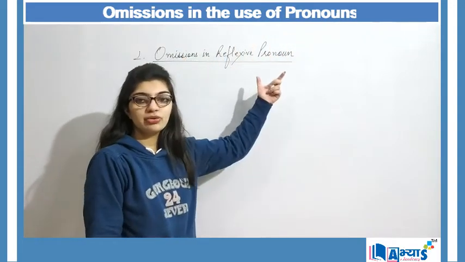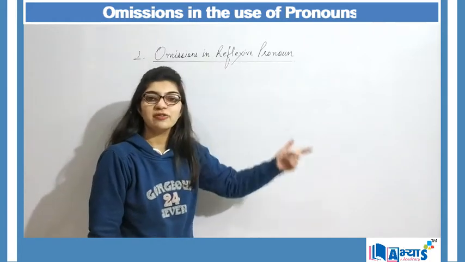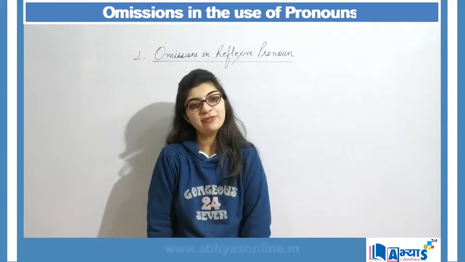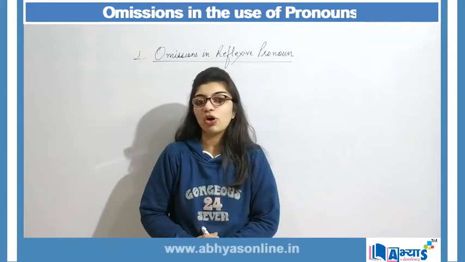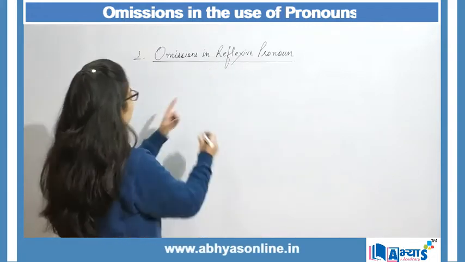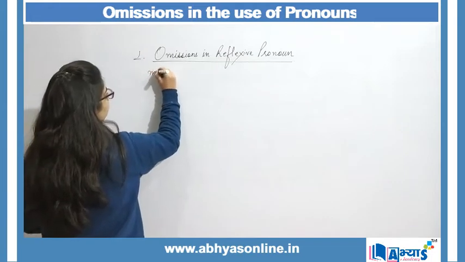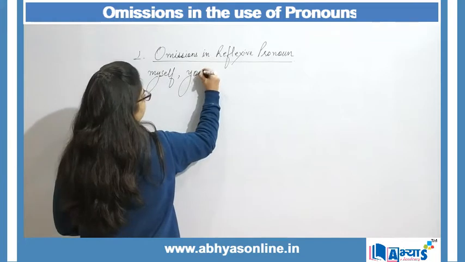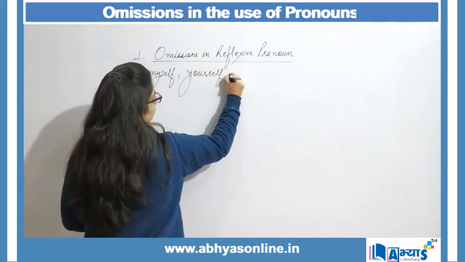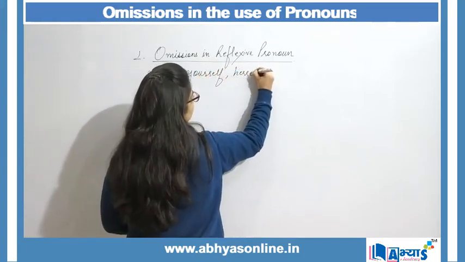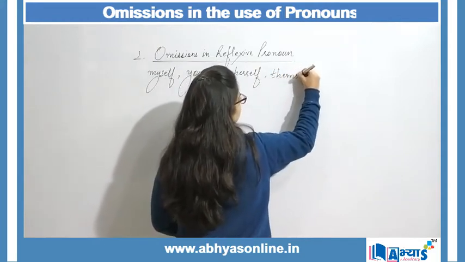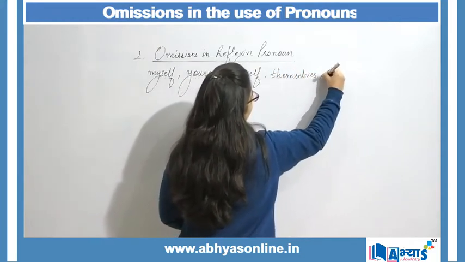First, let's talk about reflexive pronoun. Reflexive pronouns are all those words which end with self or selves, depending upon the singular or plural form. Examples of reflexive pronouns can be myself, yourself, herself, themselves, ourselves.